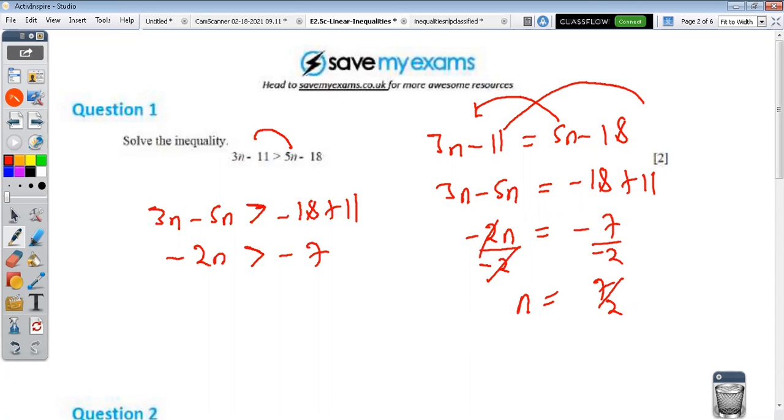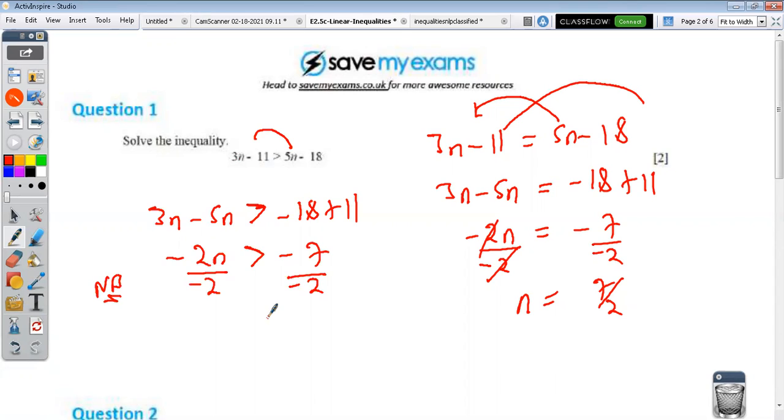Then there's a very important thing that I need you to write down here. You can write NB. Whenever we divide by a negative in inequality equations, the inequality changes direction.